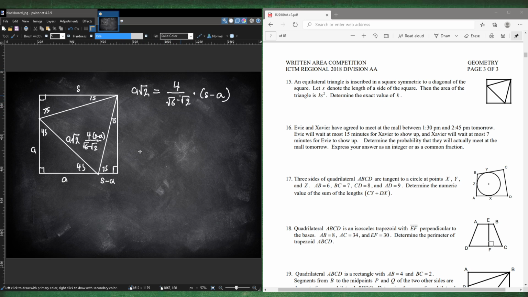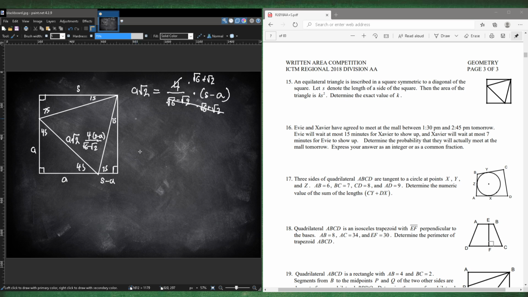And then we just need to rationalize the denominator first. So that's square root 6 plus square root 2 multiplied to the numerator and denominator. Square root 6 times square root 6 is 6, square root 2 times square root 2 is 2, so 6 minus 2 is 4, so this 4 cancels with the 4 in the numerator.